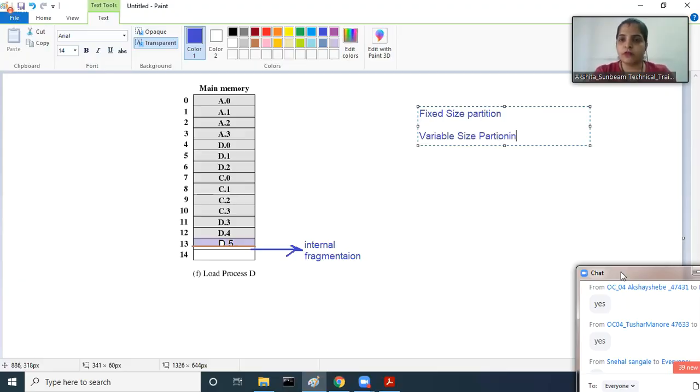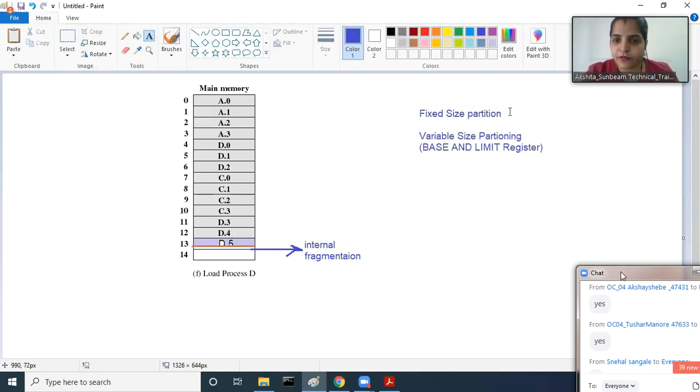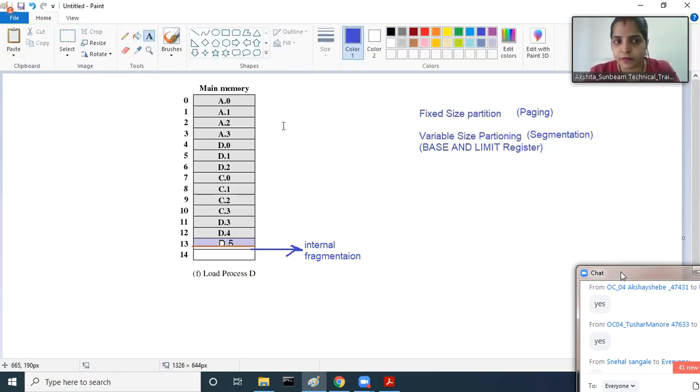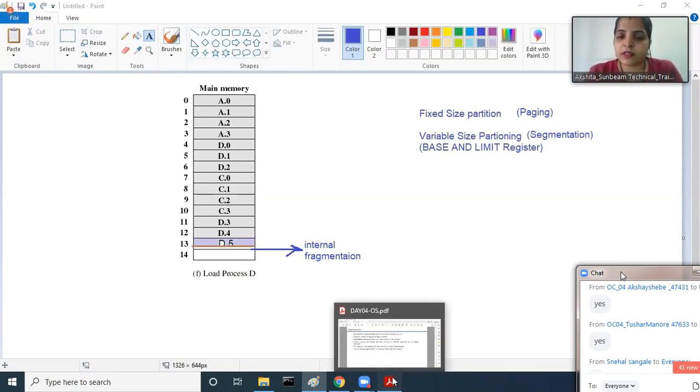When you talk about variable size partitioning, do you remember there is something called the base and limit register? So fixed size partitioning corresponds to paging, and variable size partitioning can be used in segmentation. What will happen because of this? There will be no internal fragmentation. How will that be? Let us observe.